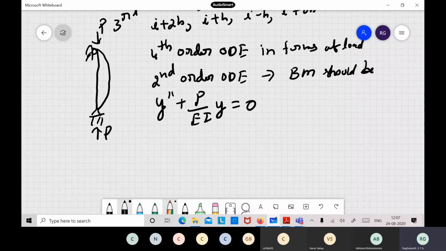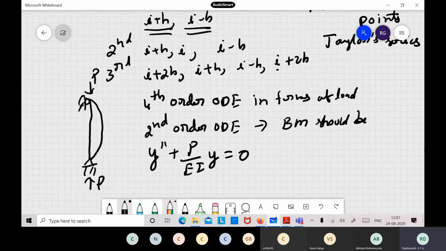For the fourth order ODE, as I already told, if you want to compute fourth derivatives, you should know all this information: i plus 2h, i plus h, i minus h, i minus 2h. So although you may divide your beam into only one or two pieces, you still require four points. This is the problem with the fourth order ODE.